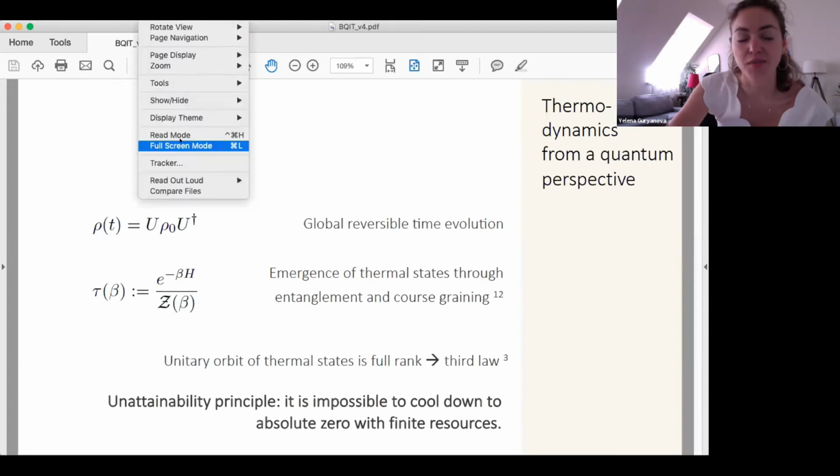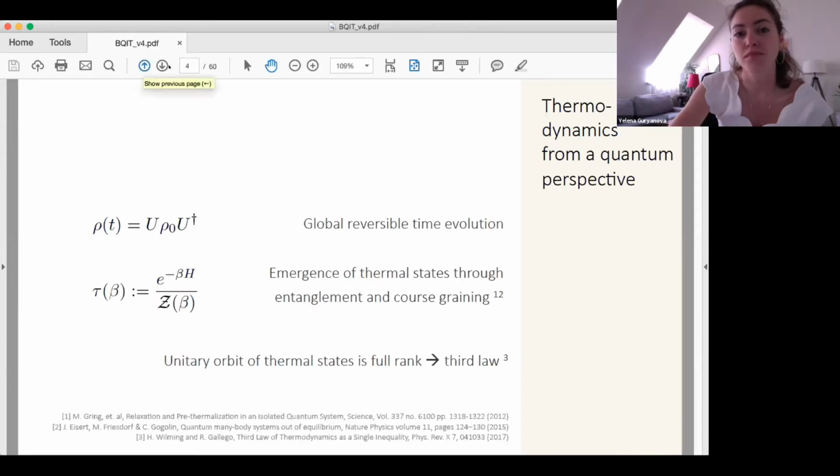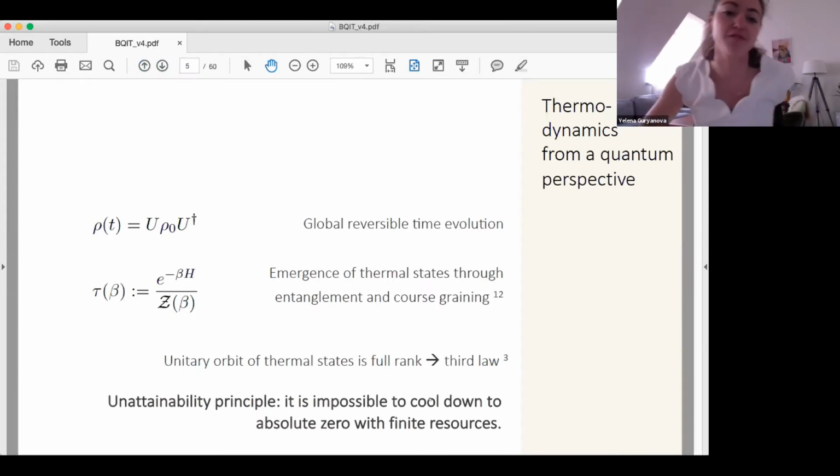Okay, so maybe it doesn't work in, do you see it now? It's still the thermodynamics from a quantum perspective slide. That's okay, that's still right. Do you want to try clicking back and forth and see if you can scroll through? Is that scrolling? Yeah, looks like it, that's scrolling now. Okay, maybe I'll leave it like this, maybe it's not working in full screen mode. Okay, yeah, please carry on, sorry about that.